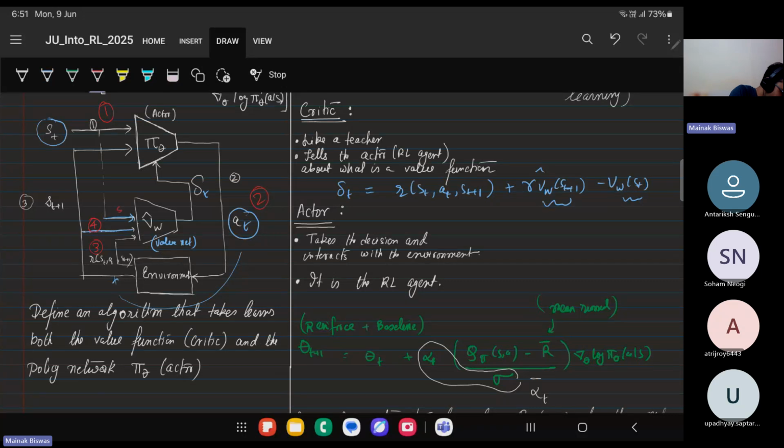Step 5, passing S_t. Step 6, giving delta_t back. Step 7, also giving S_{t+1} back. That's all we want. And then once we get S_{t+1} back, step 8 will be to predict A_{t+1}. Clear?